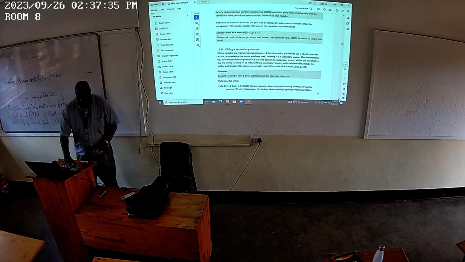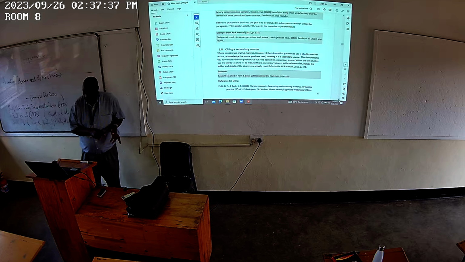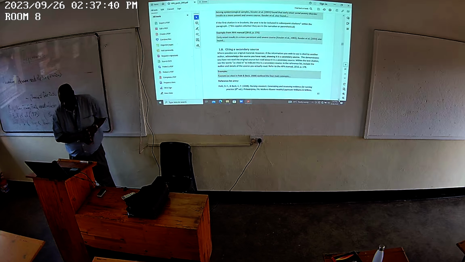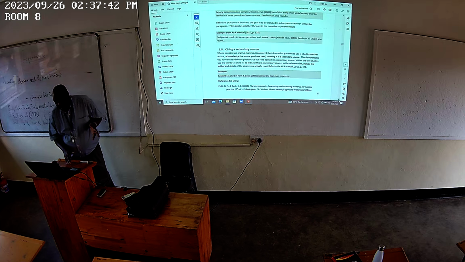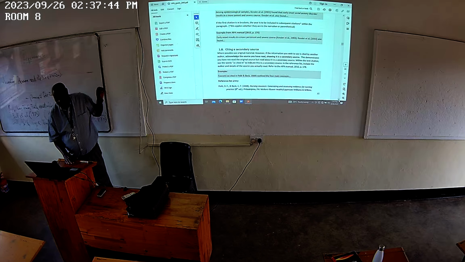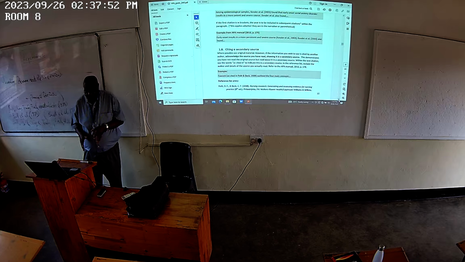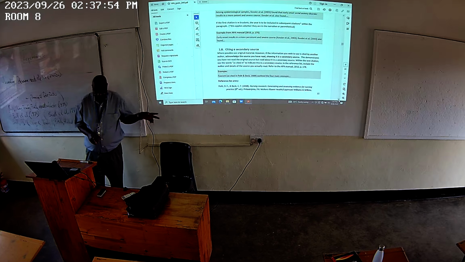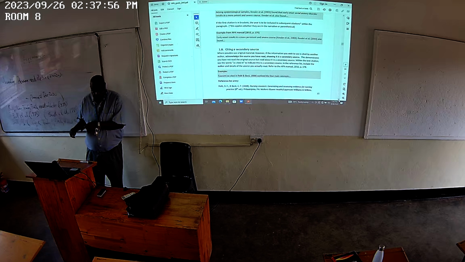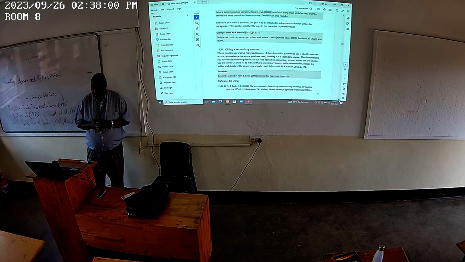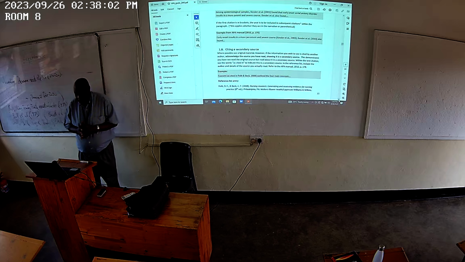When it comes to the reference list, then you are using that secondary source that you read, because you didn't read Powers. What you read is the secondary source. And therefore, in the reference, you will be citing the secondary source that you read.